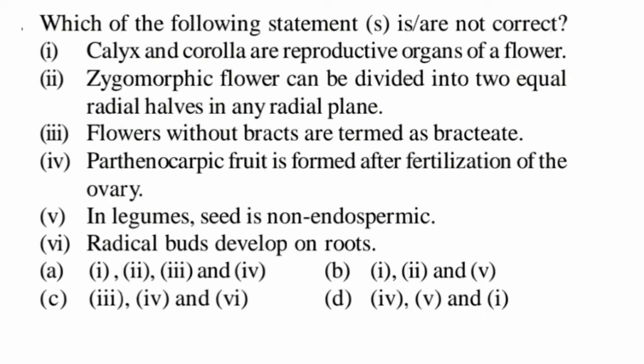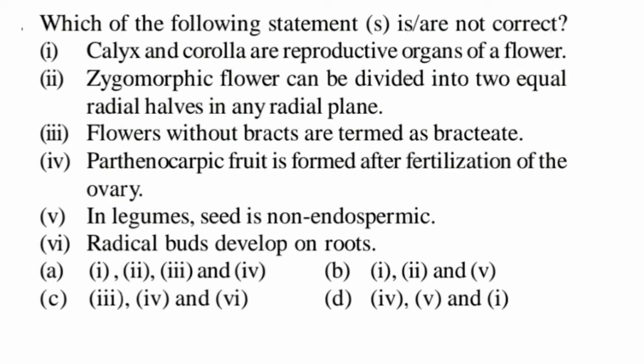Flowers without bracts are termed as bractate. No, ebractate. Flowers with bracts are called bractate. Flowers without bracts are called ebractate. Parthenocarpic fruit is formed after fertilization of the ovary. No, parthenocarpic fruits are actually formed without the fertilization of the ovary. So first 4 statements are wrong. Let us see the 5th one. In legumes, seed is non-endospermic.